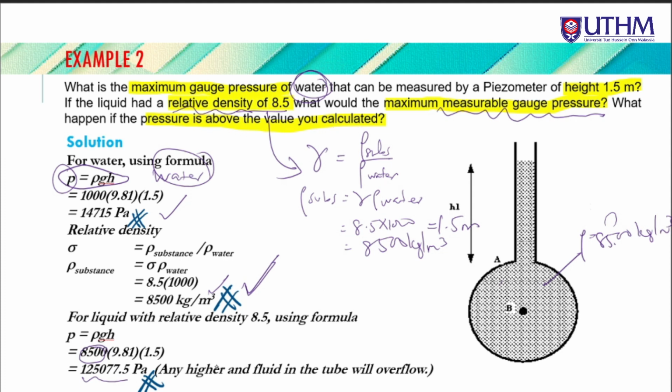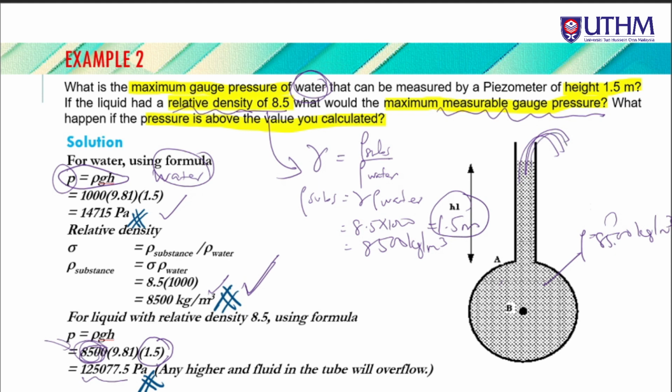Okay, so what happens if the pressure is above the value you calculated? Macam tadi yang dia cakap, dia tanya maximum measurable gauge pressure. Maximum measurable gauge pressure adalah yang ni. If let's say lagi tinggi daripada ni, sebab maximum gauge pressure ni bergantung kepada head ni, ketinggian ni. If let's say this one lebih tinggi, so dia akan apa?